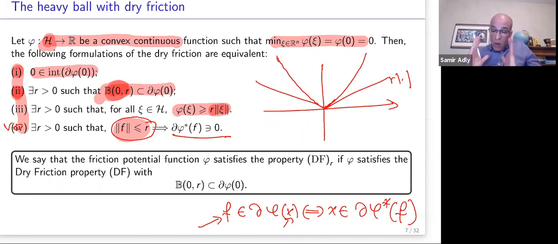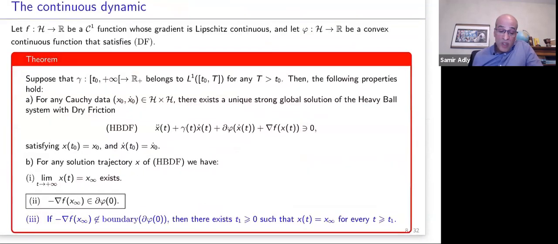Okay, so for my talk, we say that the friction potential phi satisfies the property DF with the parameter R if this condition is satisfied. So now the dynamic is the following, as you see here.